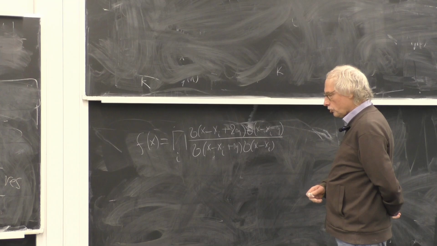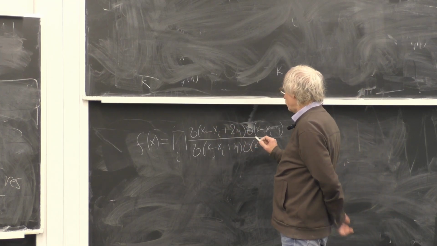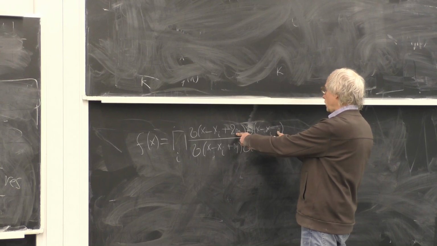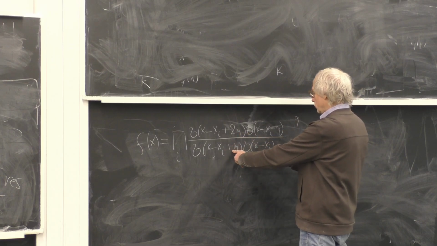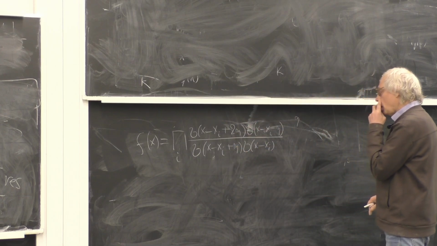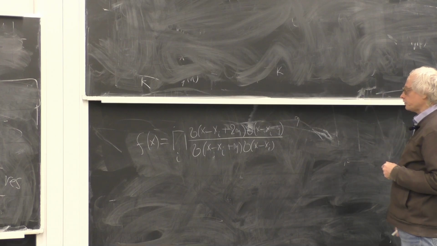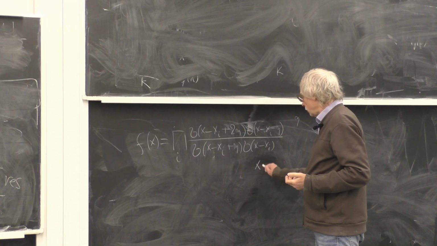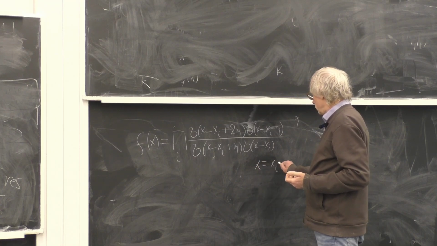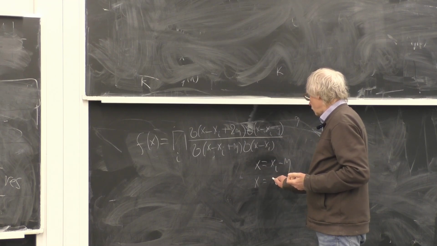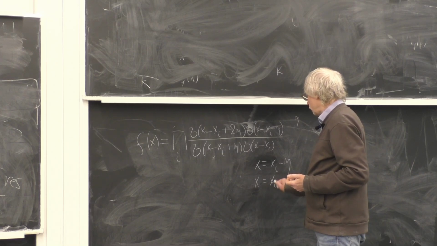You see that this function is elliptic in x because here we have 2 eta minus eta, so eta, and here we also have eta. So this is double periodic. And it is easy to find the poles are at the points x equal to xi minus eta and x equal to xi.